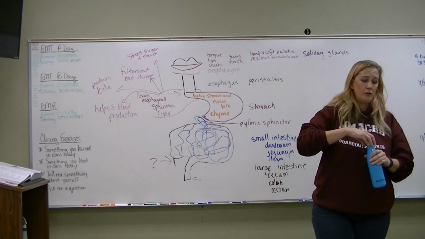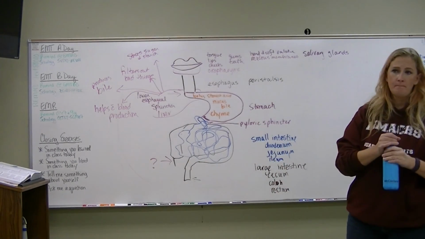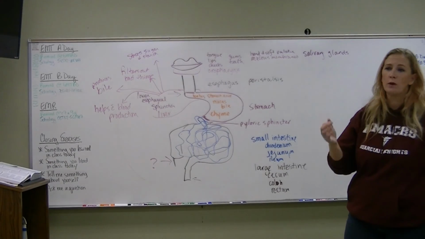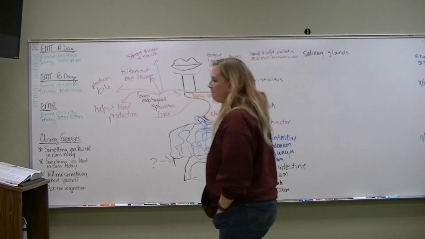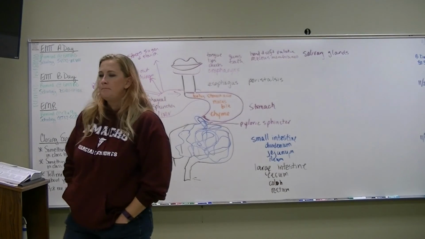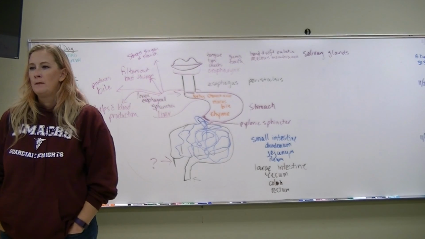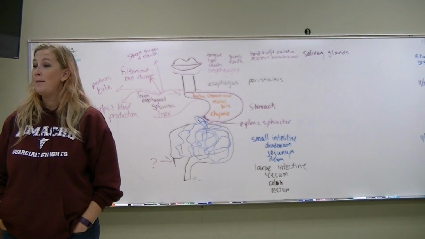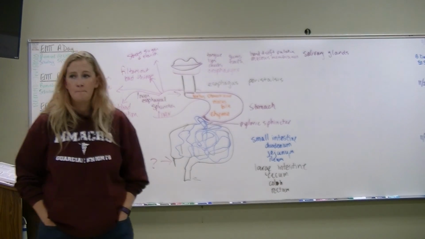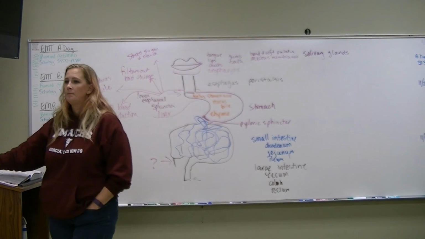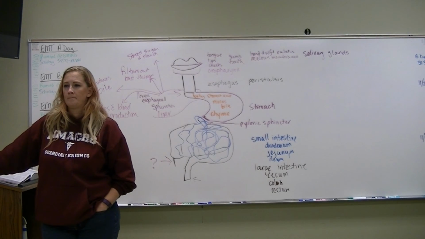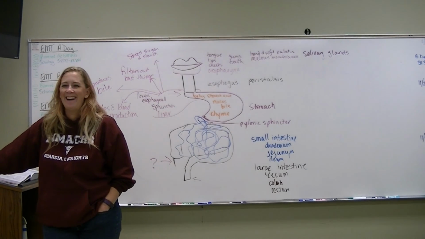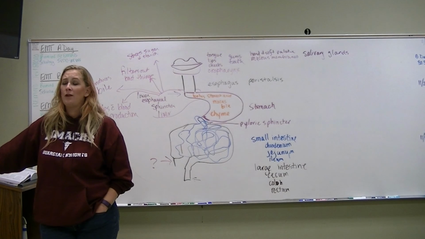What happens if we have too much sugar in our bloodstream? Our pancreas isn't working correctly and we don't have enough insulin. You can go into shock. What kind of shock? Hyperglycemic shock, also known as diabetic ketoacidosis.